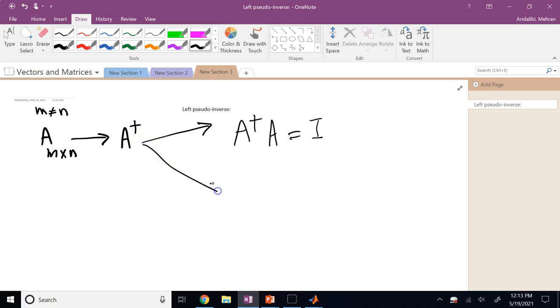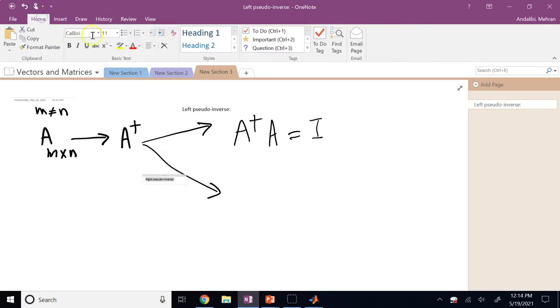If it's right pseudo inverse, then it means you have to multiply it from the right side to get the identity matrix. Okay, so A times A plus should be equal to I. So we distinguish between the left and right.